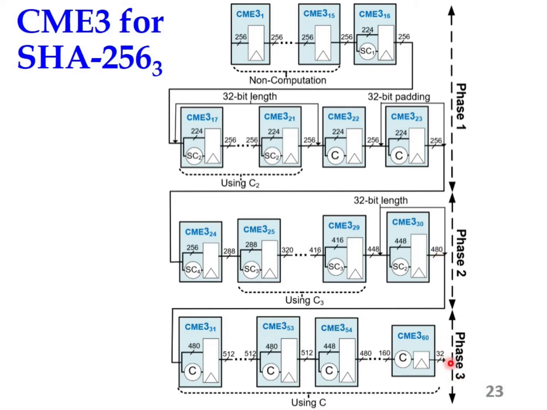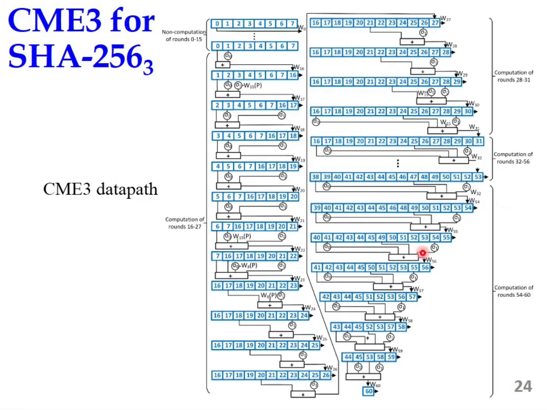And phase 3 is similar to phase 3 of the Compact MessageExpander for State 2, decreasing from 480 to 3. The adjustment of bit width is also similar to the bit width in the Compact MessageExpander for SHA-256 State 2.